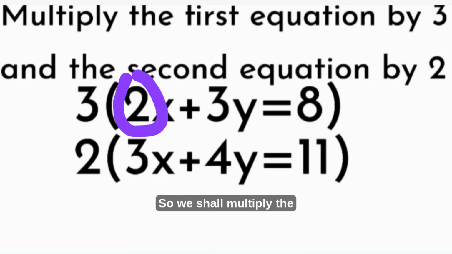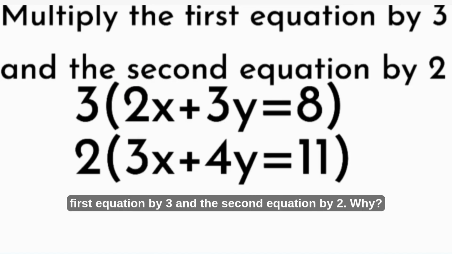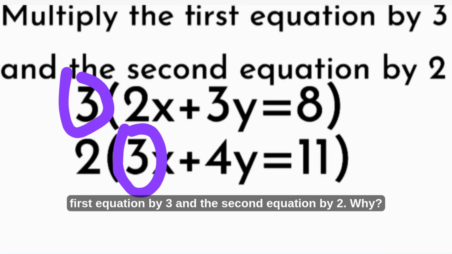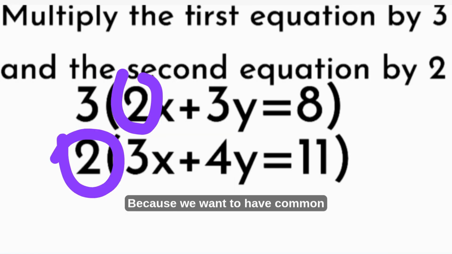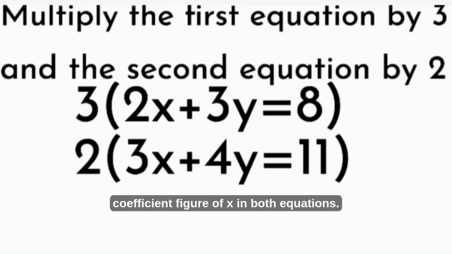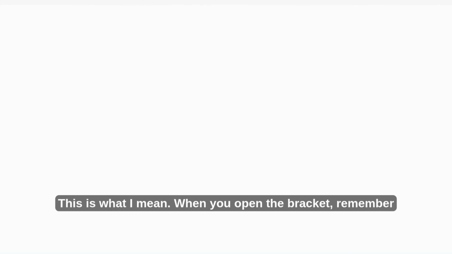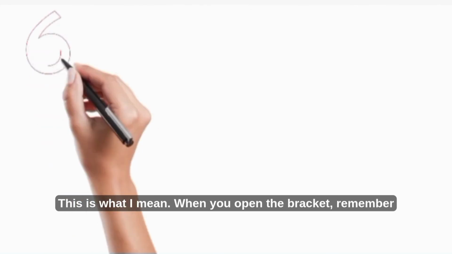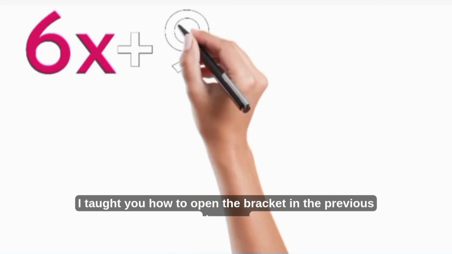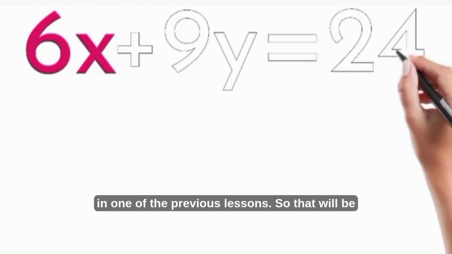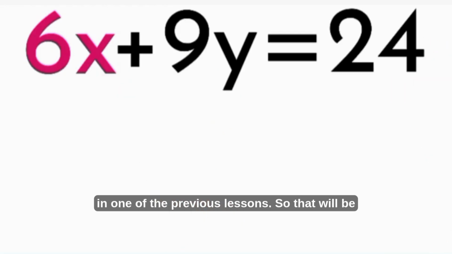So we shall multiply the first equation by 3 and the second equation by 2. Why? Because we want to have a common coefficient figure of x in both equations. This is what I mean. When you open the bracket, remember I taught you how to open the bracket in one of the previous lessons. So that will be our first equation.